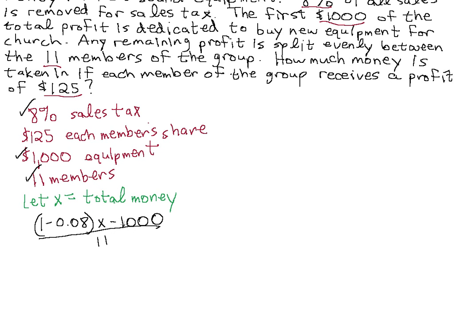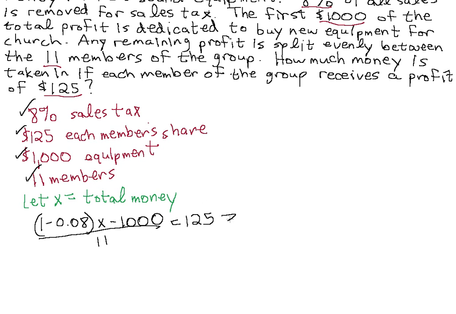So our equation's really coming together. The last piece of info given is that all this money taken in, after deductions of course, and split between 11 members is $125. So if we split all this money up between 11 people, it's going to be $125 each. So here's our equation, and now we have something to solve.